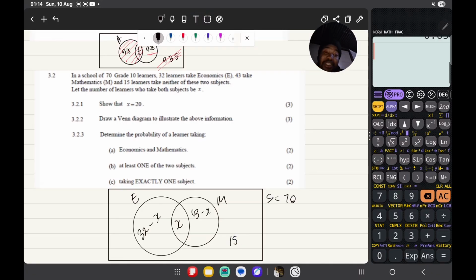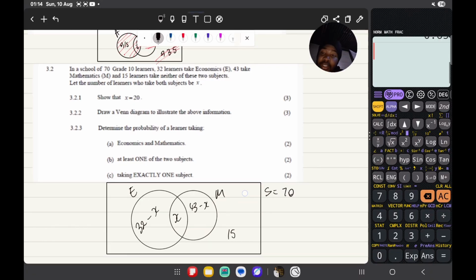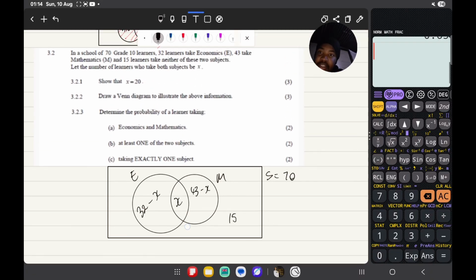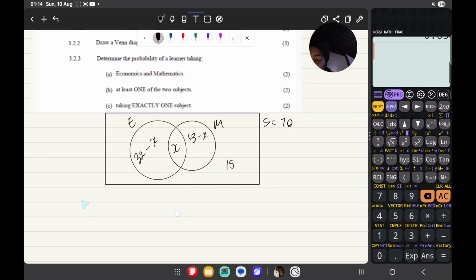With this Venn diagram, it becomes way easier for me to solve for X, which is basically what they're asking me to do. Because then I can say 70 equals, remember 70 is the number of learners, so if I add each and every number in each region, I must get 70.